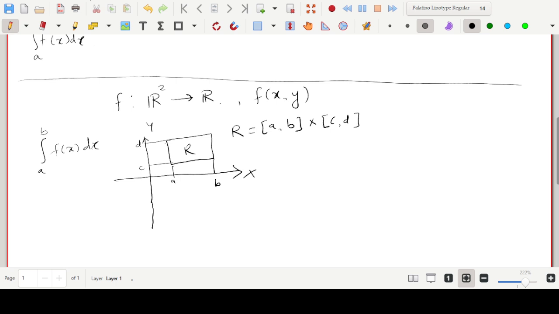Alright, fine. In the same way as we interpret the integral of a function of one variable as the area under the curve, the integral of a function defined on a rectangle, or rather any shape, but in this case a rectangle, is the volume of the solid that is formed by the graph of the function on the upper side, and on the lower side it is bounded by this rectangle.